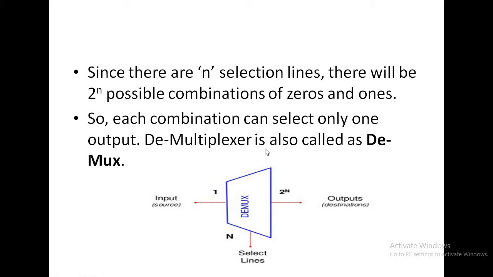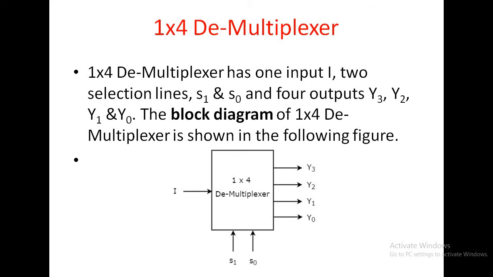So demultiplexer is also called DMUX. In short form, you can say that it is a DMUX. Multiplexer is called MUX, and demultiplexer is otherwise called DMUX. So this is the reverse of your multiplexer. In multiplexer, we have already studied the 4 cross 1 multiplexer.